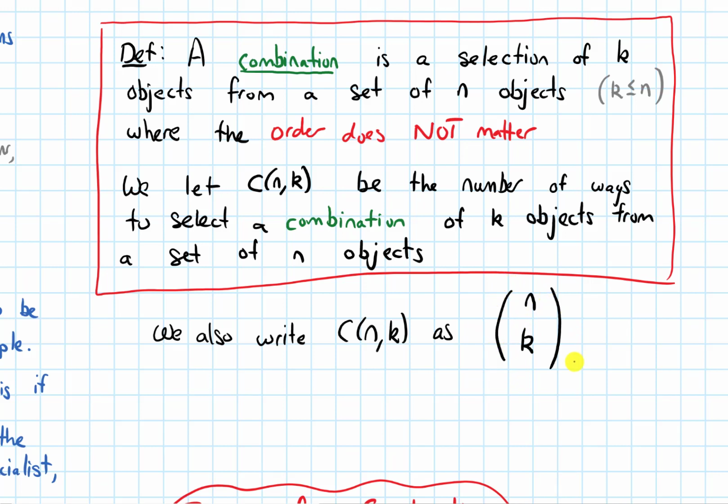And the way I say this in words is n choose k. That's some terminology and notation that I'm going to be using often when we talk about combinations, just because it's so commonly used in math.